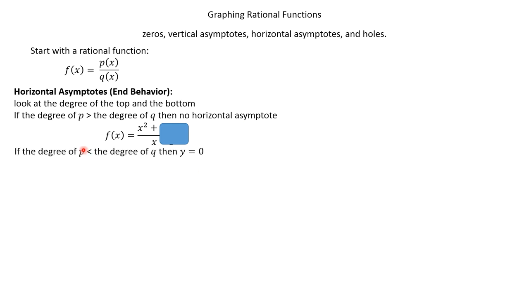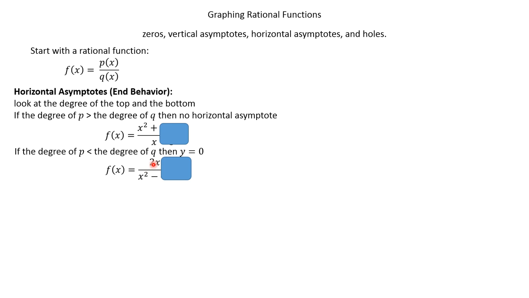How about if the degree of the top is less than the degree of the bottom? Then y equals 0. So, same idea. We have our polynomials. The degree on the bottom is x squared. The degree on the top is just x. As x gets big, this stuff doesn't really mean much, so it just kind of goes away.